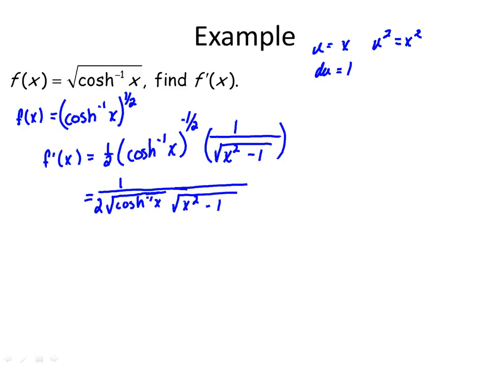Now on the bottom, if you want to distribute those radicals out, you can. Totally not necessary. But if you want to write it as 2 times the square root of 2 hyperbolic inverse cosine x minus hyperbolic inverse cosine x, you can. Not necessary though, at all.